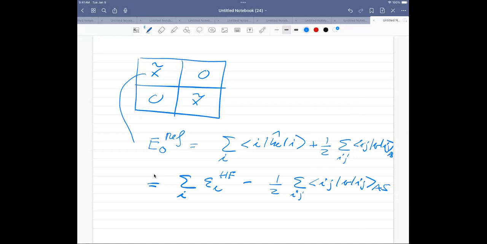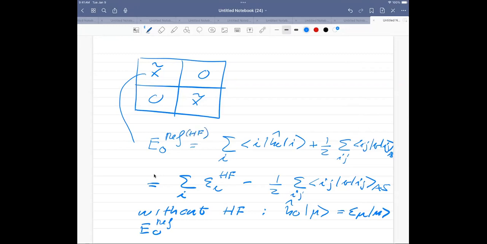And that has changed now from the one which we had earlier. So without the Hartree-Fock basis, and where we had defined a basis which was an eigenbasis of these states, mu, then what we had is that this reference energy, and now we should put an index here where we label that this is the Hartree-Fock.